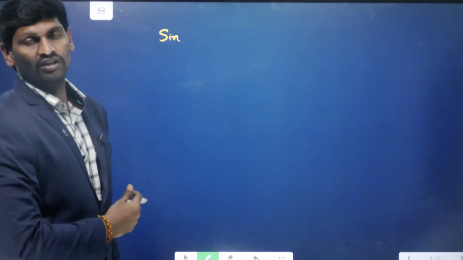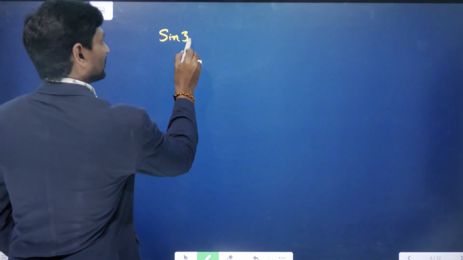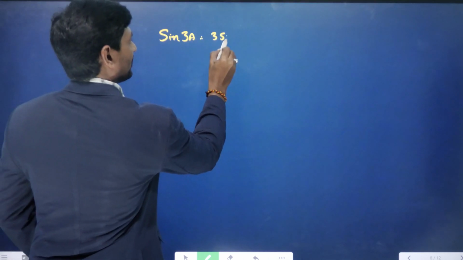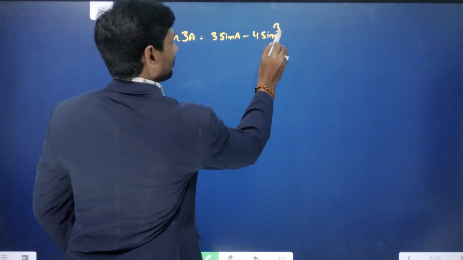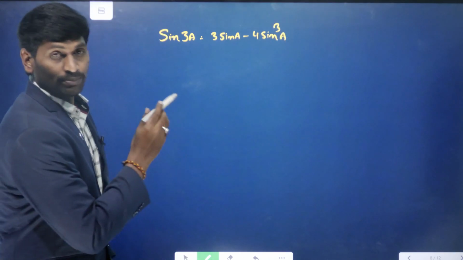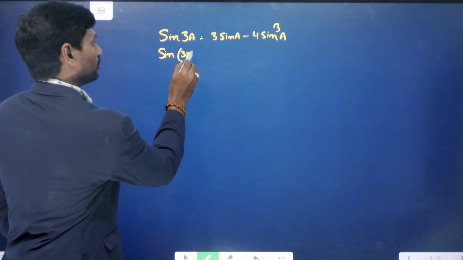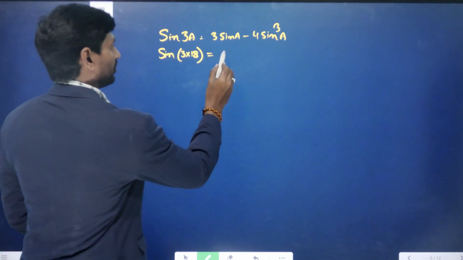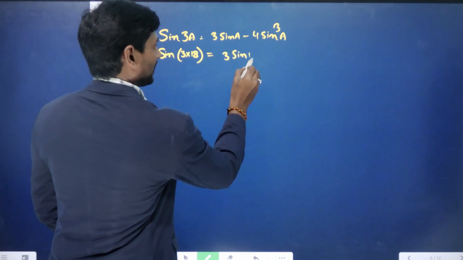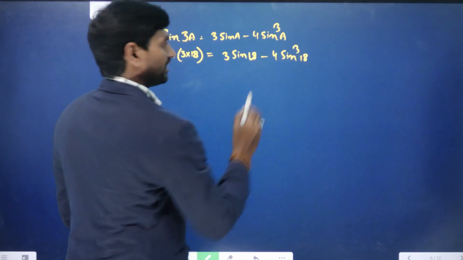Okay? Sin 3A formula we can use. What is sin 3A? 3 sin A minus 4 sin cube A. So in the place of A, if I write 18, sin 3 into 18 degrees, 3 18s are 54, equals 3 sin 18 degrees minus 4 sin cube 18 degrees.